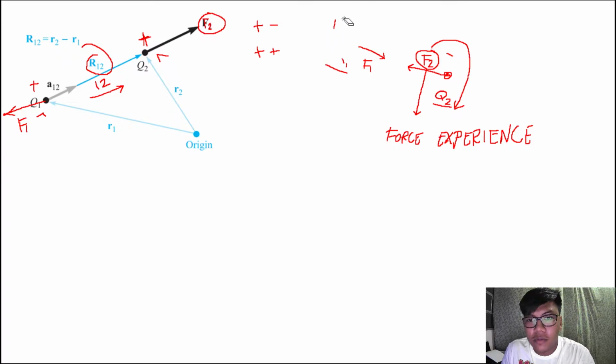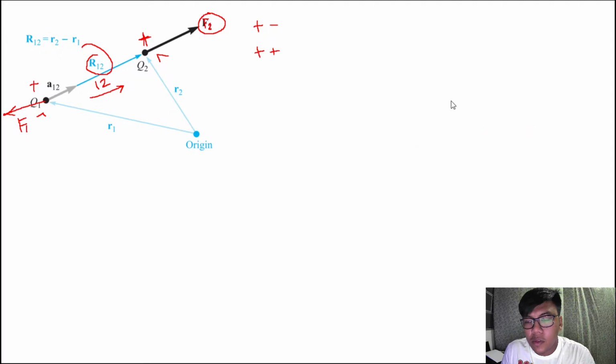Burahin ko lang. Okay, ito na ngayon. Ngayon, ang hinahanap natin sa, let's say, F sub 2, or yung force experienced by charge 2. So, syempre, itutulak ngayon ni Q1 si Q2, no? Kaya dito papunta yung force. Okay?